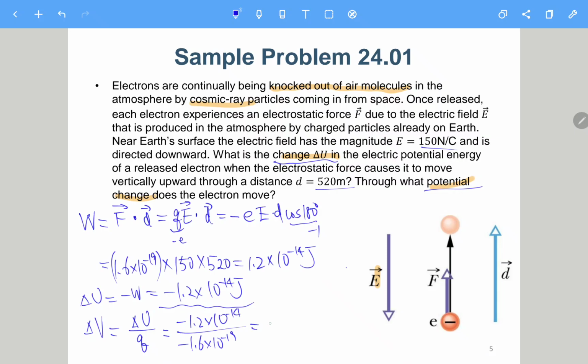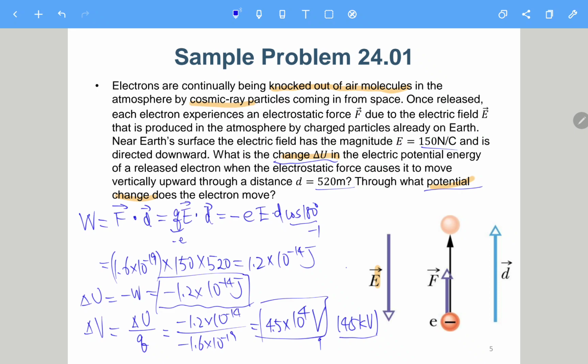So this is 4.5 times 10 to the fourth power. The SI unit here is volt. This is also an answer, so we need to answer these two things. Or if we use a scientific prefix, it will be 45 kilovolt.